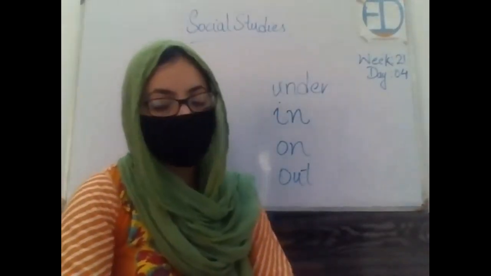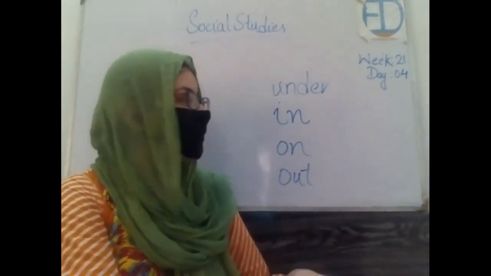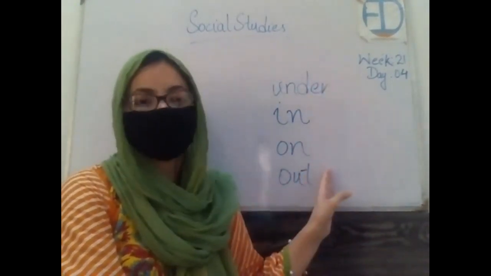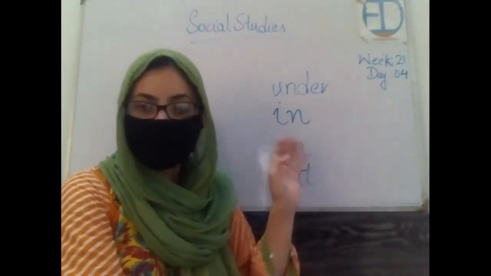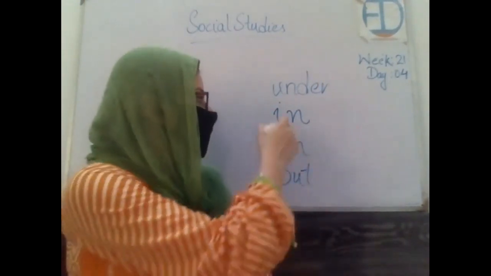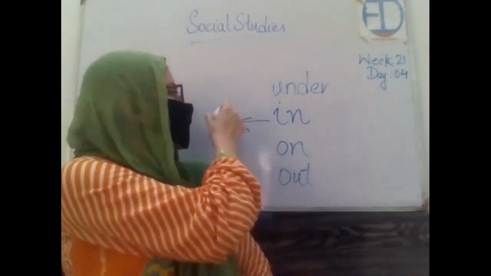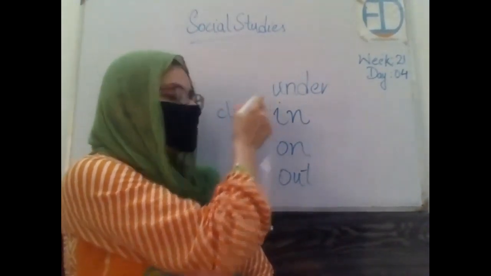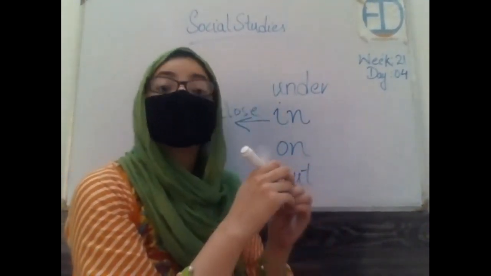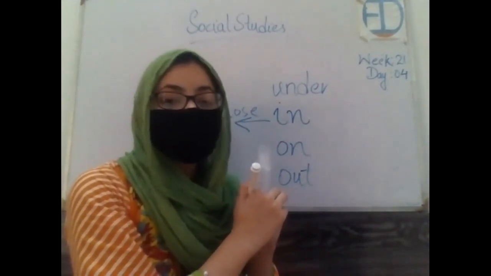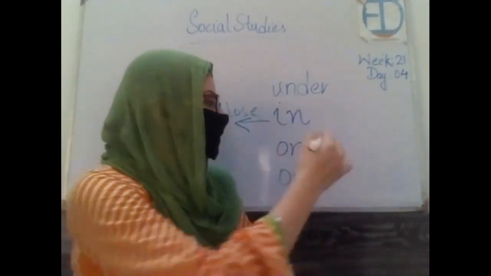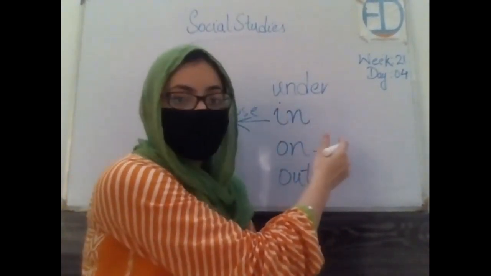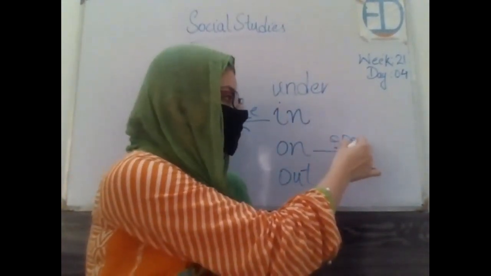So what we will be doing now is making sentences out of it. There is this major difference between in and on that we discussed in yesterday's class. I told you that we use in for something which is closed. Let's say they are sitting in the car. The cat is sitting in the box, right? And the word on is used for something which is open.